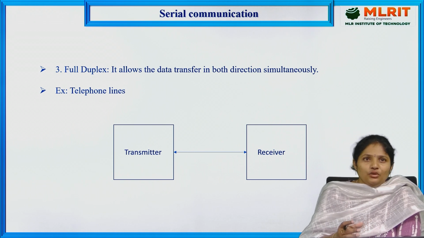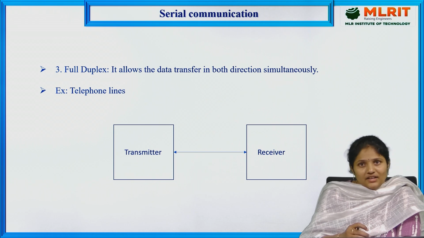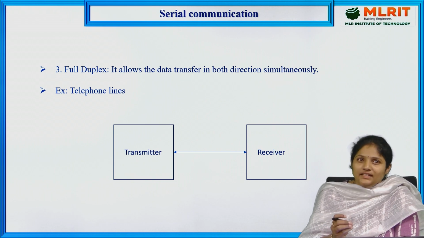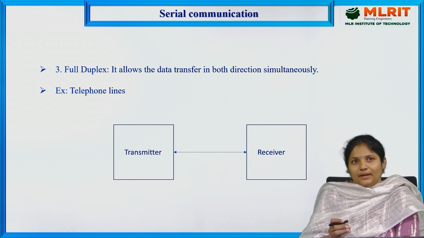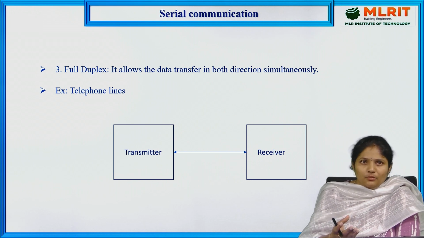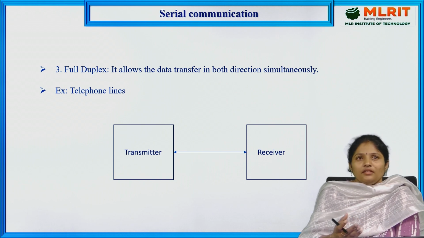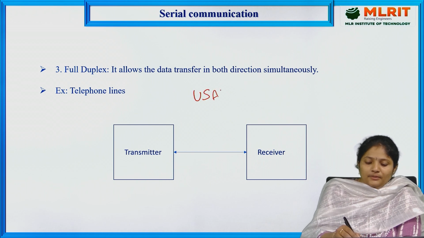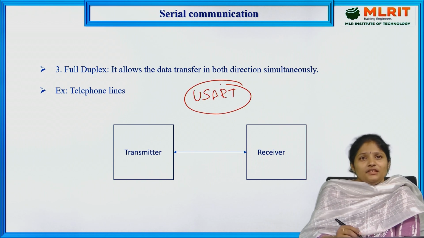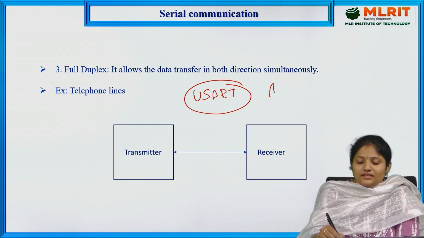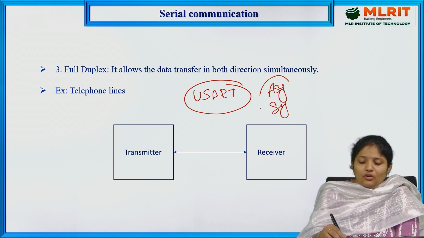In full duplex mode, the transmitter can transmit the data and the receiver can receive the data, and vice versa, at a single particular time, like we use mobile phones and telephones, where we can send and receive data at the same time. So the USART which we use in interfacing with 8086 for communication supports full duplex mode, and it works in both asynchronous and synchronous communication.